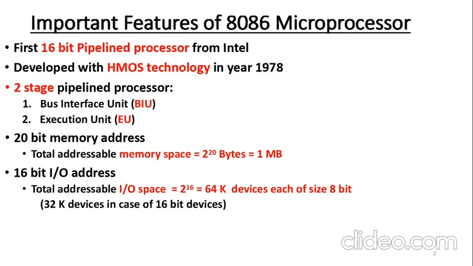In case I want to have access to 16-bit devices here, then there will be 32K such devices, each of 16-bit in size. It means that in 8086 microprocessor I can have an 8-bit device, or I can even have the connection of a 16-bit device.